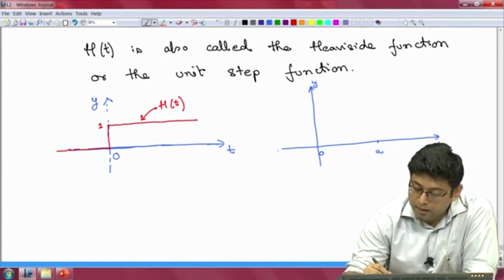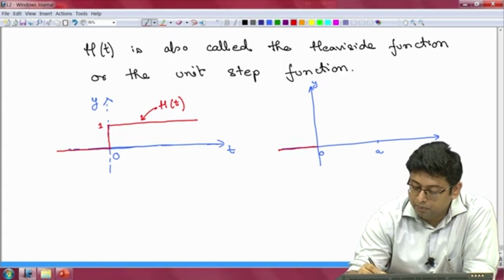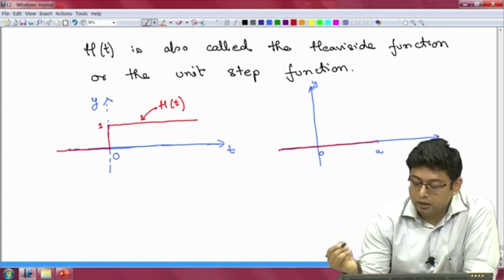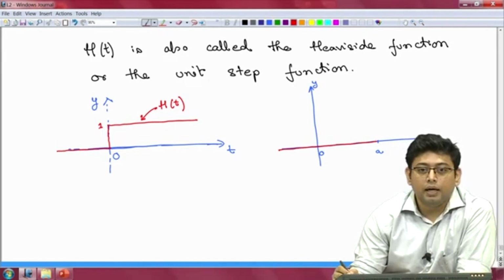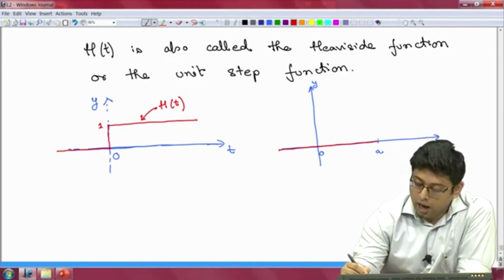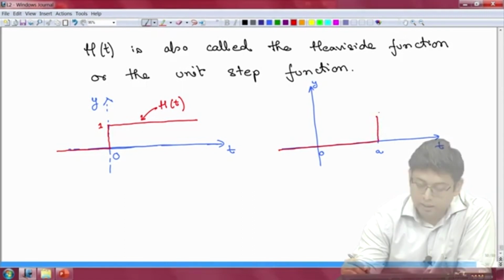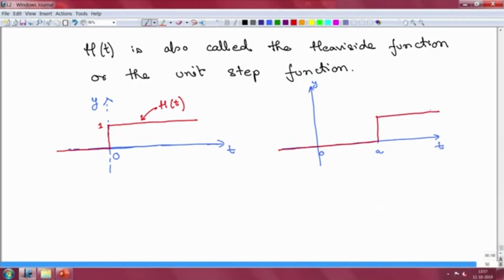So, when you have h of t minus a, this function remains at a value of 0 till t takes on a, and exactly at this point it will increase, and on the y axis, this is your 1. So, this is your h(t minus a). You can see why this is called the unit step function, and it is also called the Heaviside function in memory of the scientist Heaviside.